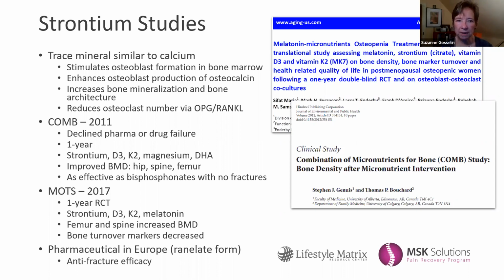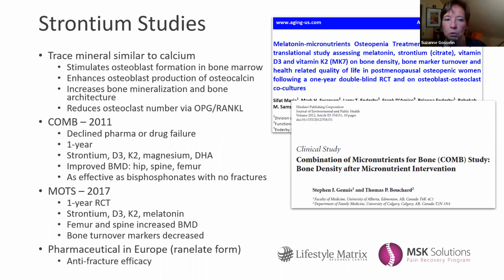They used a combination of strontium, D3, K2, magnesium, and an essential fatty acid called DHA. What they found is a significant improvement in bone mineral density in the spine, the hip, and the femur. It was as effective as the bisphosphonates, but there were no fractures associated with the use of strontium.